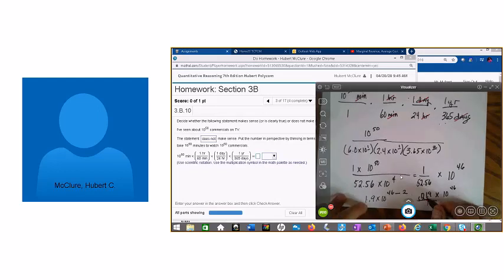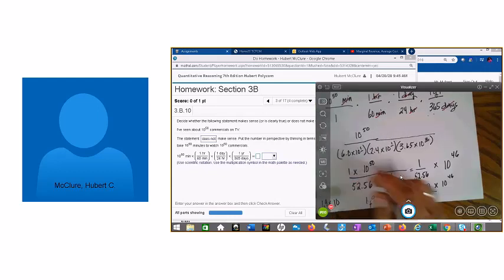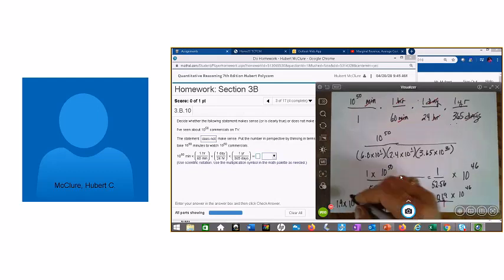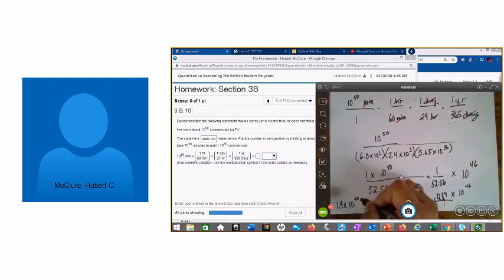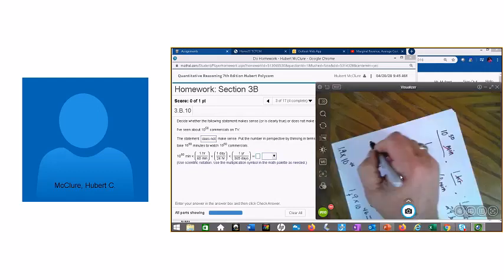Which way do I move this decimal to get it back the way it was? That's to the left. So that's going to be 1.9 times 10 to the, what's 46 minus 2? 44.